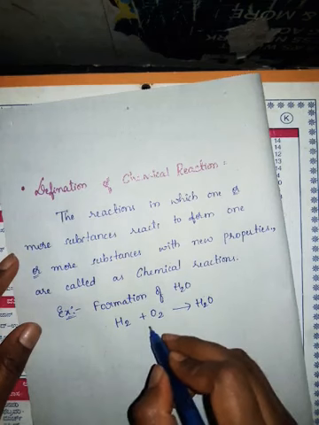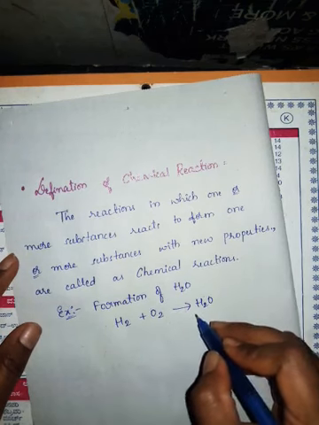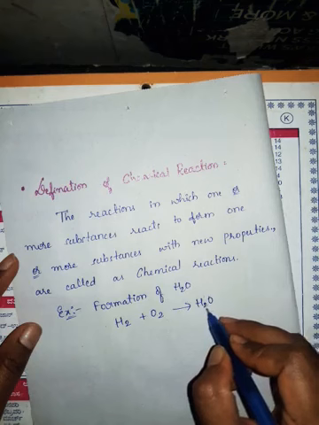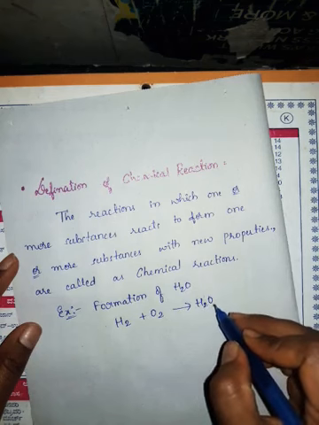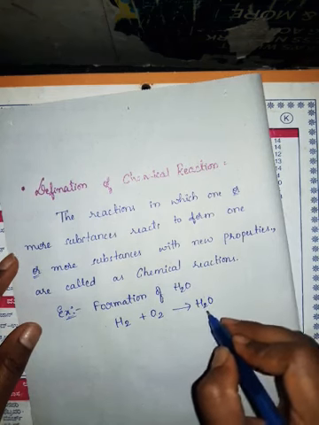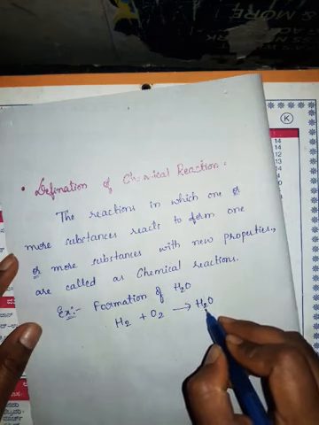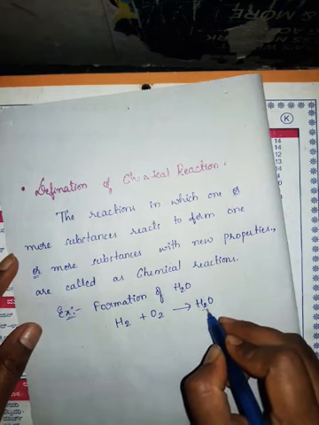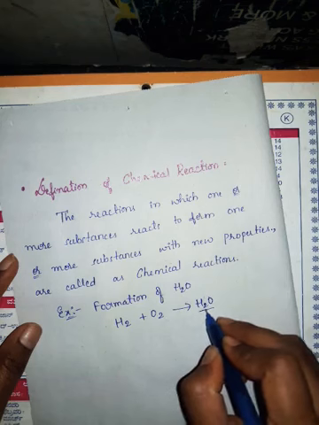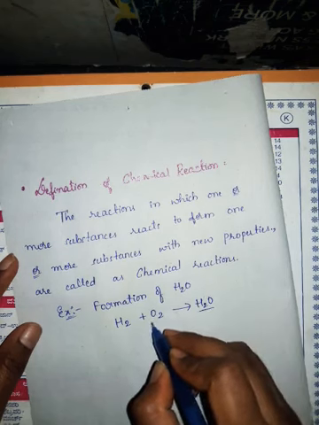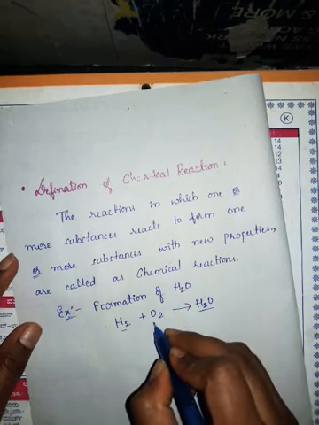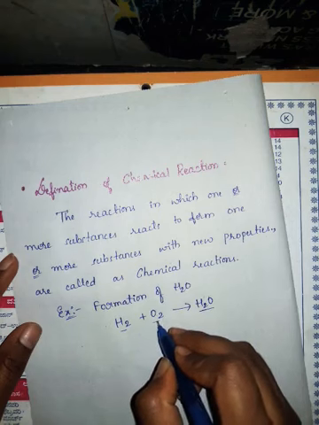These two substances react to form the substance called water with new properties. See here, the substance formed, that is water, has properties entirely different from the properties of hydrogen and oxygen.